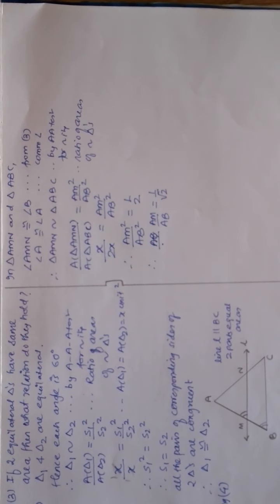Now I don't want this. I want BM is to AB. Now I can get BM very easily. To get BM, see the figure. This is your BM, and I have AM and I have AB. That means from AB, if I subtract AM, I will get BM.